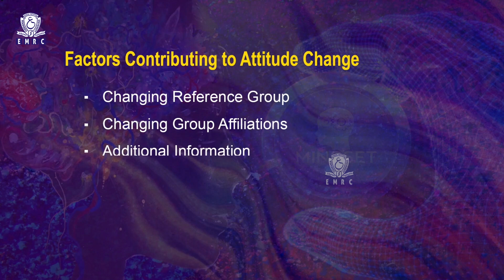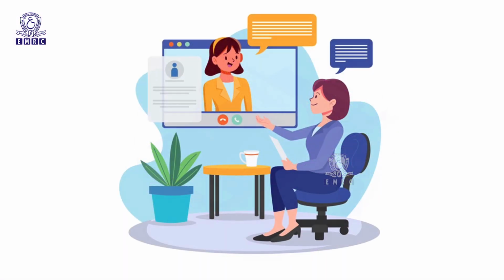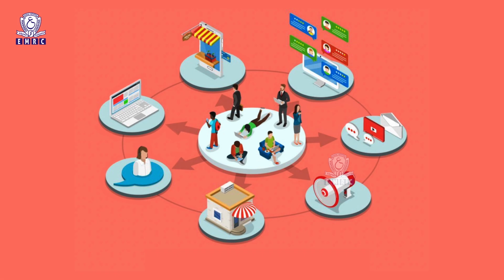The third factor is additional information. Change in attitude of an individual is also brought about by information received from means such as media. It can be audio, visual, print, electronic. Any of these can contribute. The person also gets information through interaction with others as well.